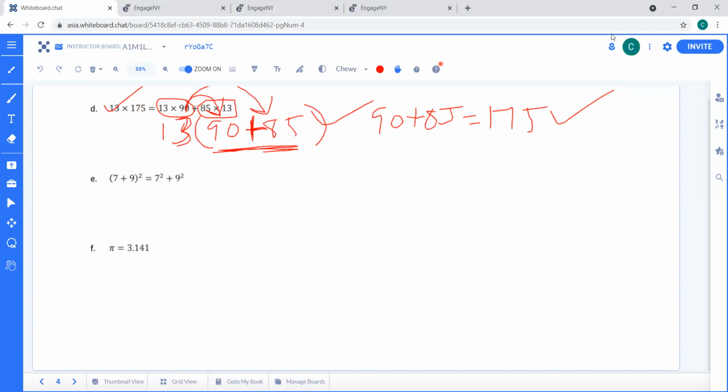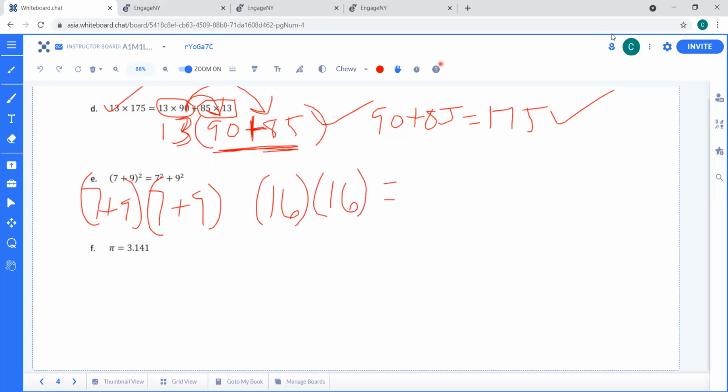Now remember, on E, this looks like a true statement, but let's make sure. 7 plus 9 squared is the same thing as 7 plus 9 times 7 plus 9, right? So that is the same thing as 16 times 16, which is 256.